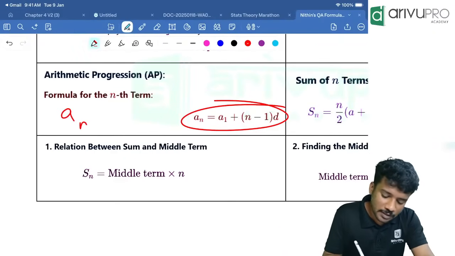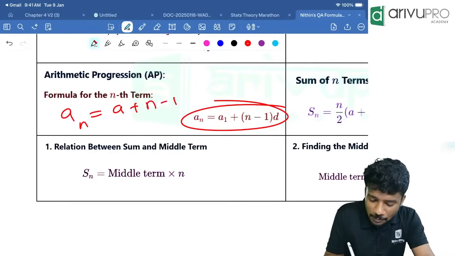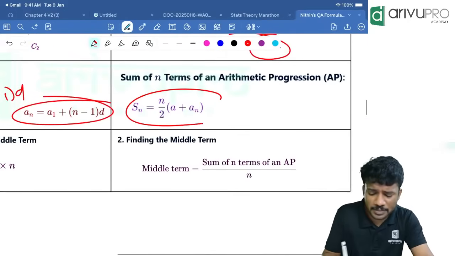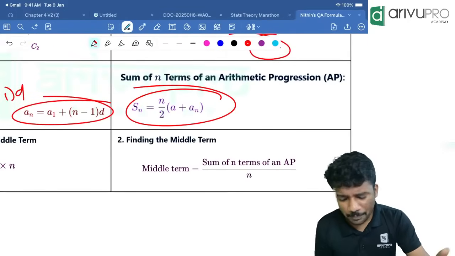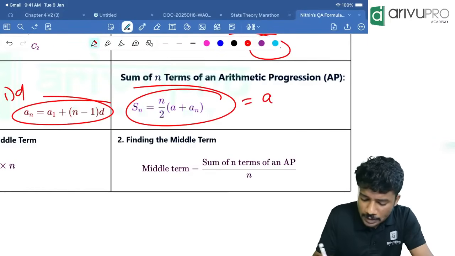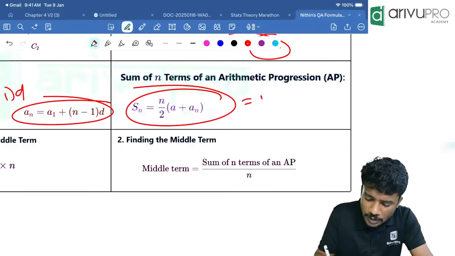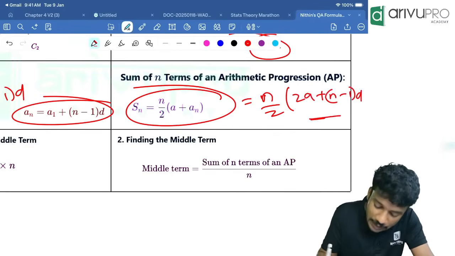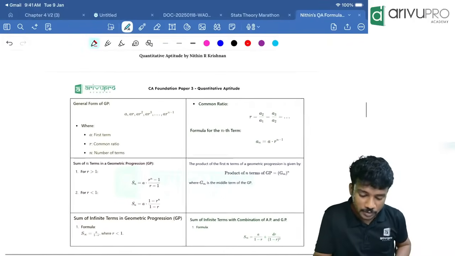The nth term is nothing but a plus n minus 1 into d. Then the sum is how much? n by 2 into a plus an, or you can write it as n by 2 into 2a plus n minus 1 into d. Then people, coming to the next one, geometric progression.